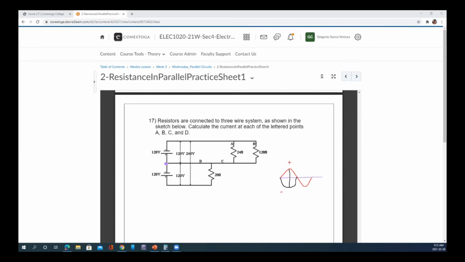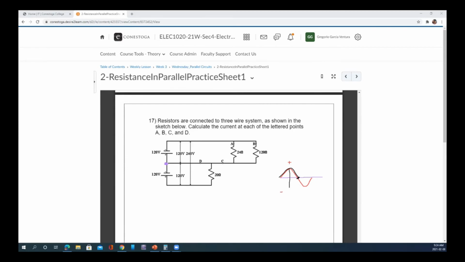If they were in phase, meaning if they were both positive or negative at the same time, like if line 2 was here at the same time that line 1 is there, then there wouldn't be a difference in potential between line 1 and line 2.